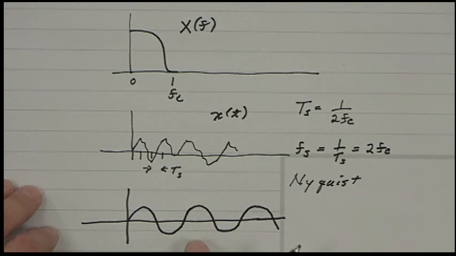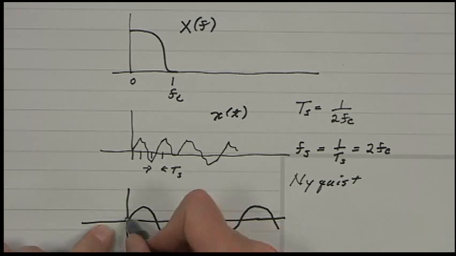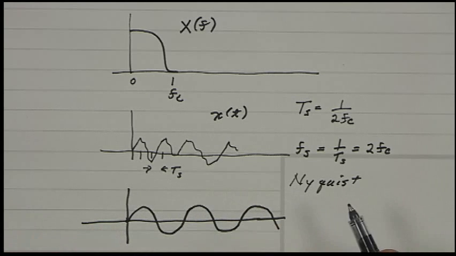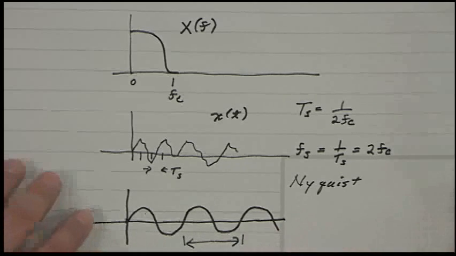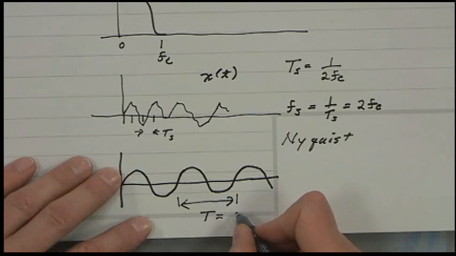okay, so let's say this sine wave has frequency f sub c, right? If you sample it at the sampling frequency, if you sampled it at the highest, okay, so let's say the period here is T, and T is equal to 1 over f sub c, all right?